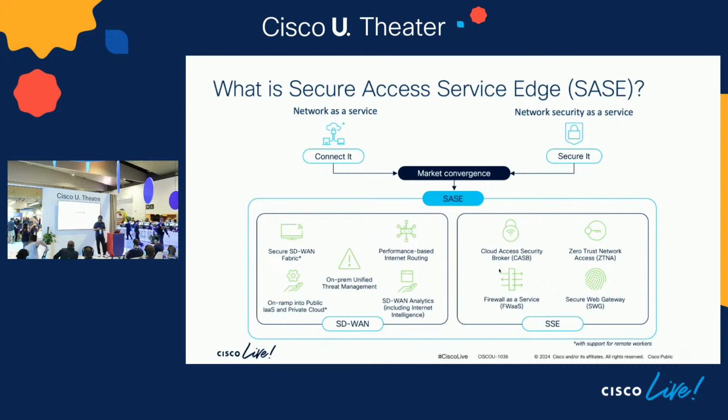It's basically the convergence of two major technologies, networking and security, delivered and managed by cloud as a service. On the networking side, we have SD-WAN, while on the security side, we have SSE, or Secure Service Edge, another term. SSE is all about providing always-on cloud edge security features.